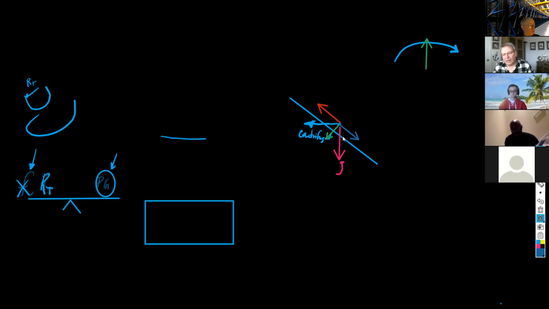By the way, what else keeps me on the road from sliding off? Not Coriolis. On an actual road, it's friction. Because what does this force do? It makes my car feel heavier.